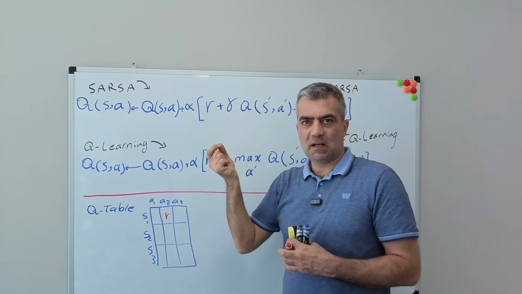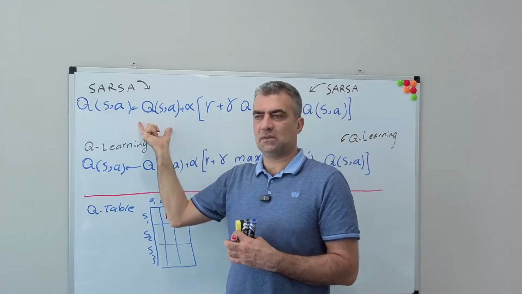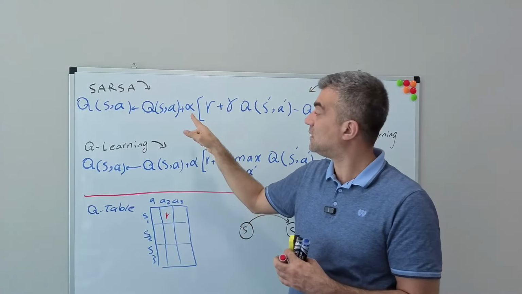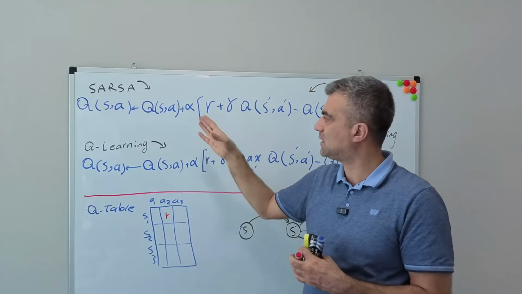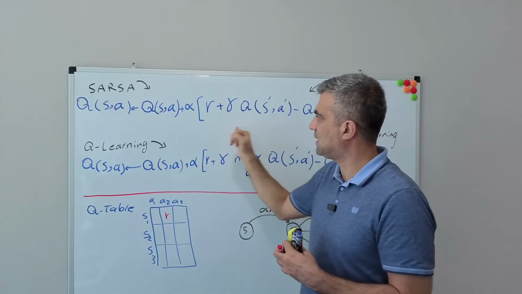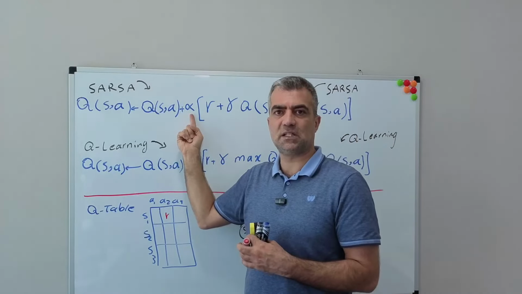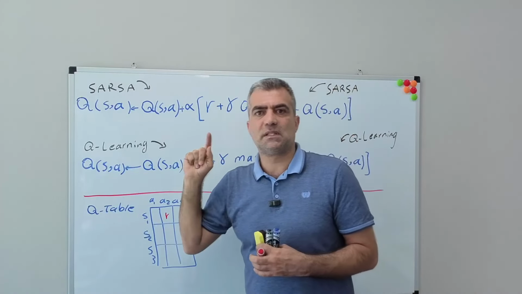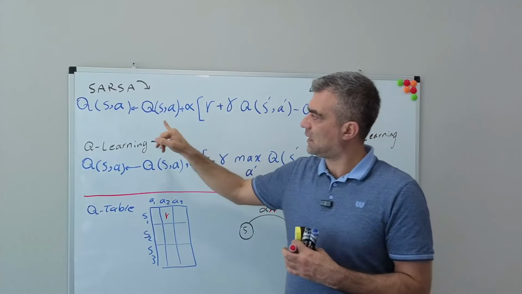If it was small, it means that we would take the previous value and add a small numerical value to it, because we would calculate something here and reduce that by multiplying, let's say, 0.1. We would take just 10% of this and add to this.